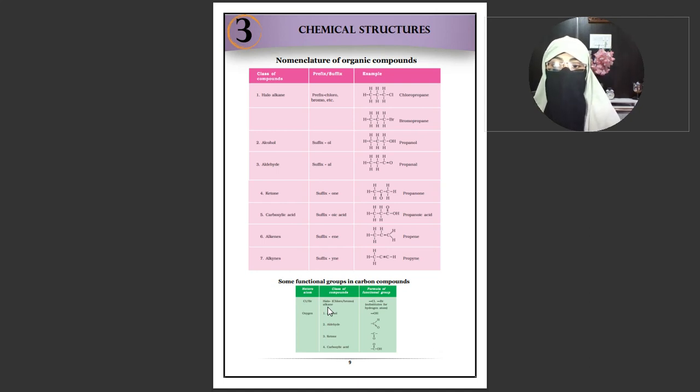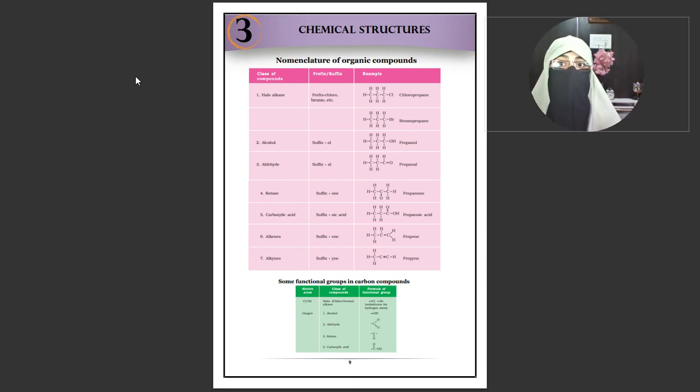Some functional groups are very important: what is the functional group of ketone, carboxylic acid, aldehyde. This part is very important. You need to know the functional groups and the nomenclature, that is, what you will call them, the prefix and the suffix.